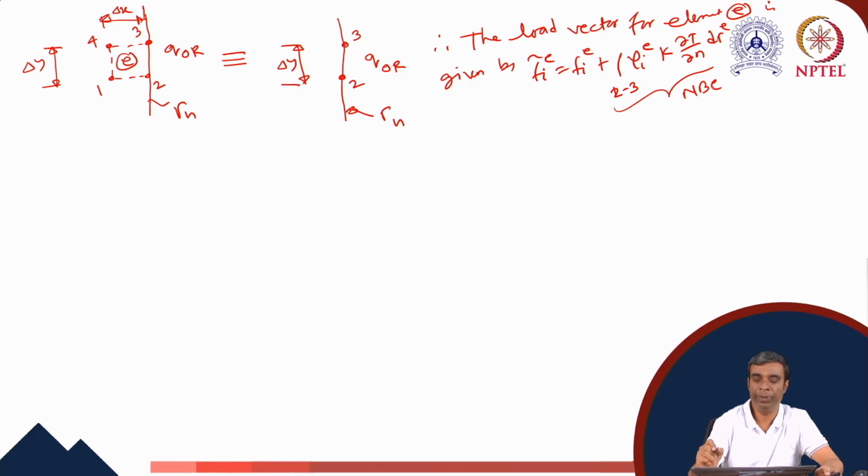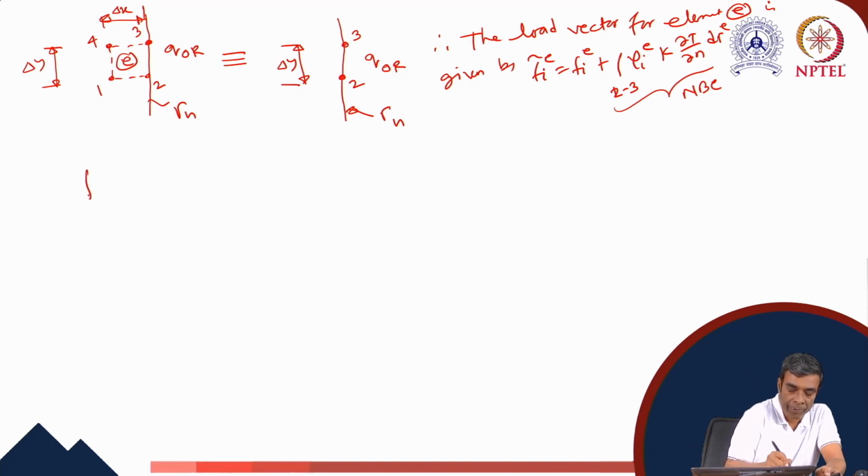So let us deal with the NBC contribution. Integration along 2 to 3 psi IE K del T del N d gamma E. So this is FIE NBC.